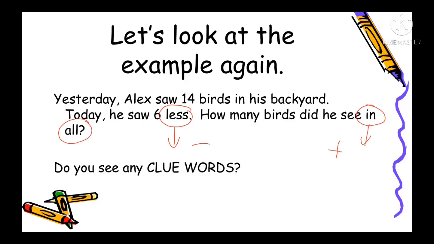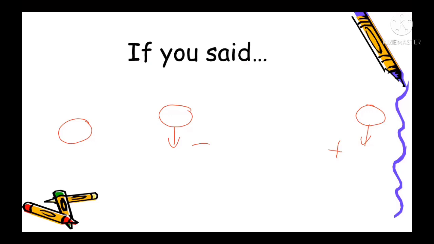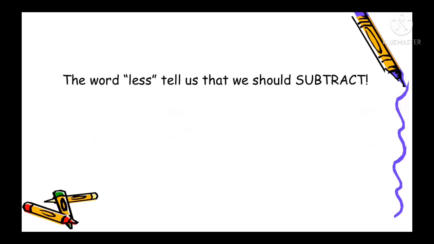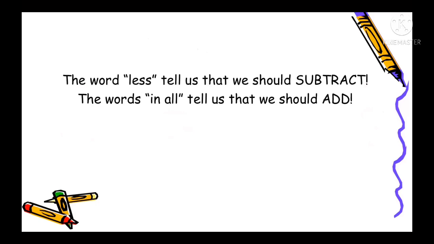All right. Now let's go to our next step, which is step 3. Okay, so we are correct. The word less is subtract. The words in all is about addition.